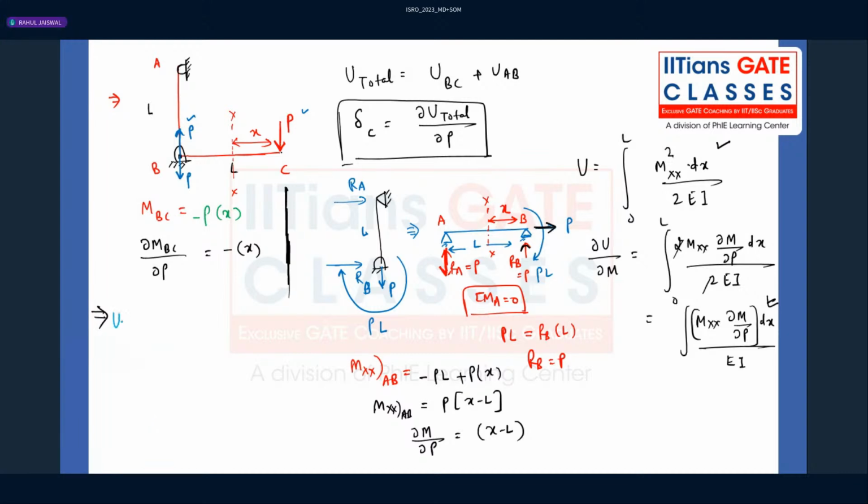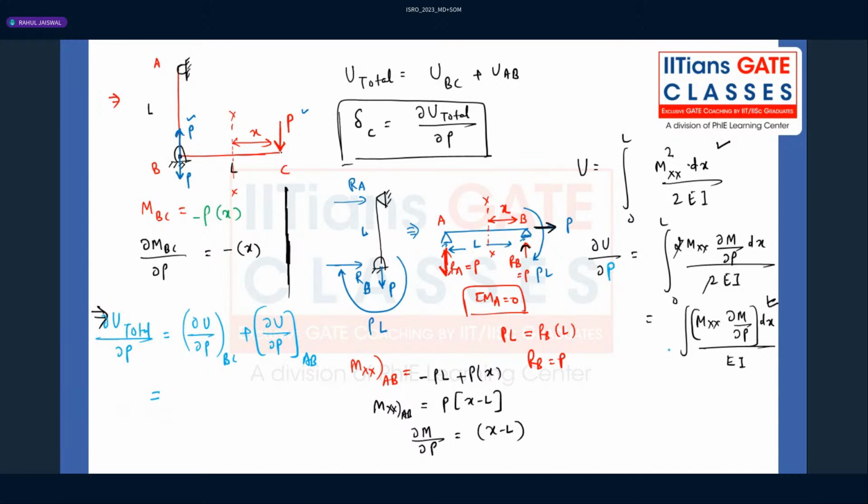Here, you have differentiated the total strain energy with respect to load P. Sorry, here you have to differentiate with respect to P. So dou U by dou P of which member? BC member, plus dou U by dou P of the AB member. That will be the total differentiation of strain energy with respect to load P.